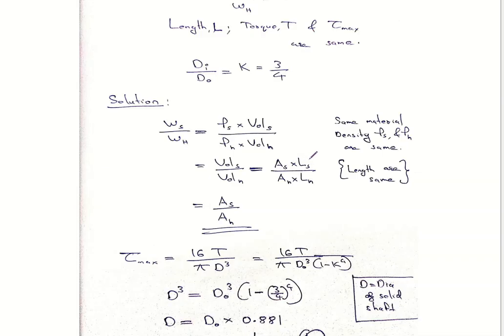It is specifically told in the question that the lengths are same, so the length also gets cancelled out. Now, the weight ratio becomes area ratio. So in effect, in this question, we are asked to find the ratio of area of solid to area of hollow, or reverse. You may take it as reverse also, area of hollow by area of solid shaft.